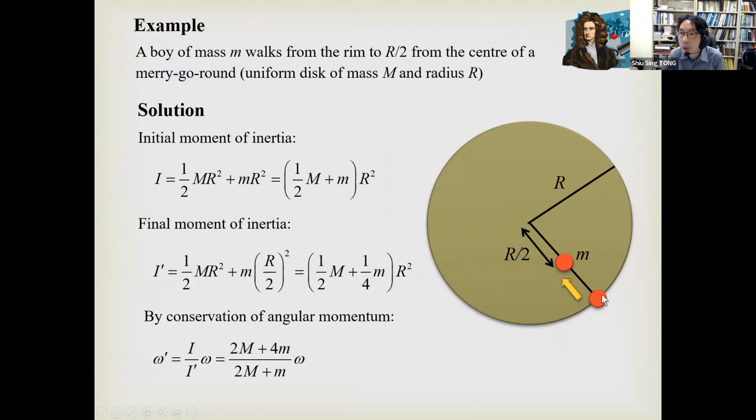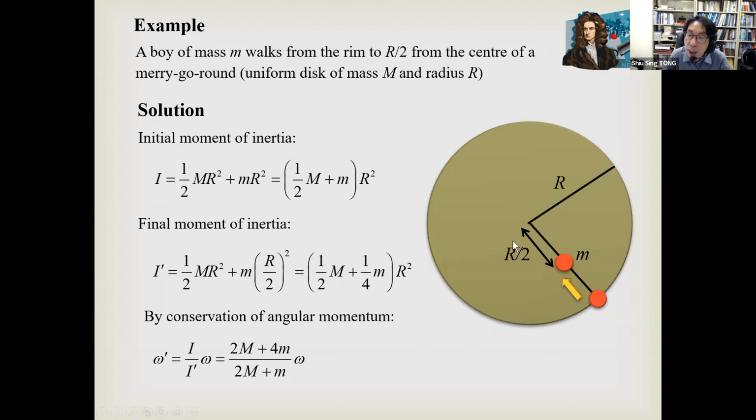But now the boy walks towards the center. He walks a distance of half of the merry-go-round's radius towards the center. So finally, the boy is located at a distance R/2 from the center. And I want to find the change in angular velocity due to this motion.